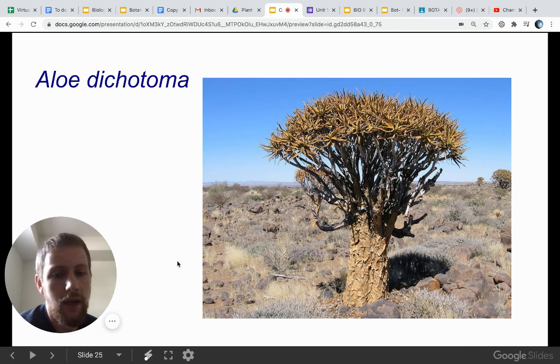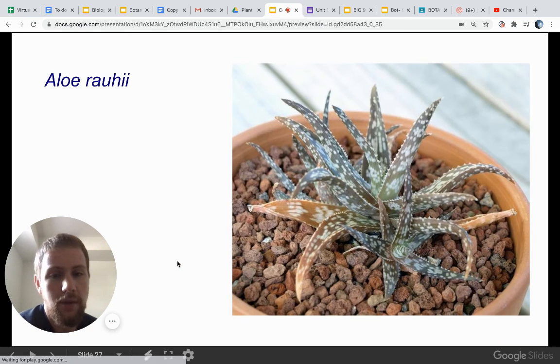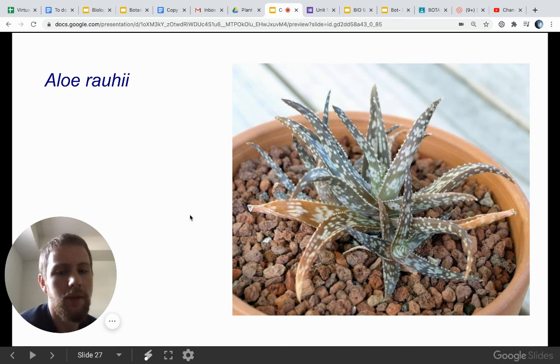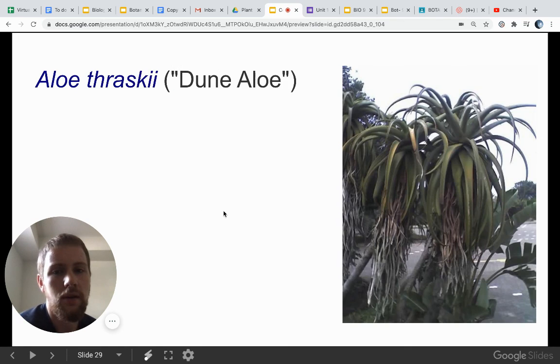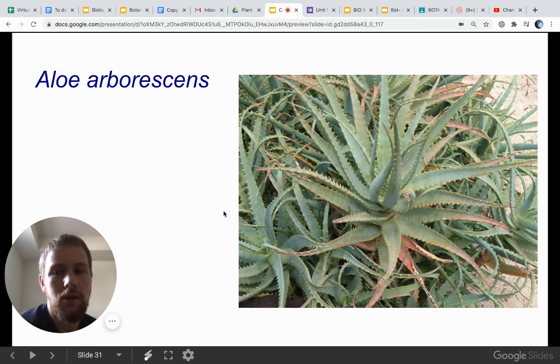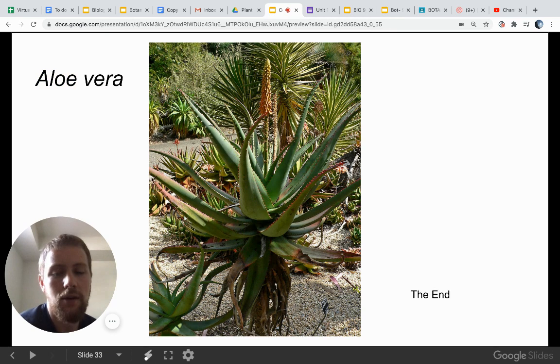Aloe dichotoma, I think that might be in Australia, so it's been pretty well traveled. And if we start to see this reddish brownish color, I think it's natural for this species, but if we see that among our aloe, that means our leaf is probably dying and maybe it got root rot. Dune aloe, many different kinds of aloe.